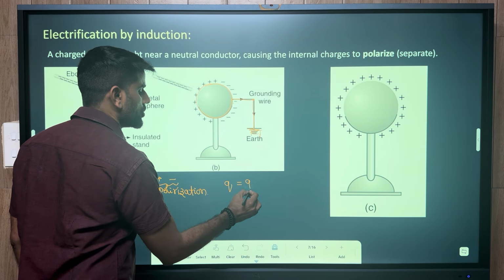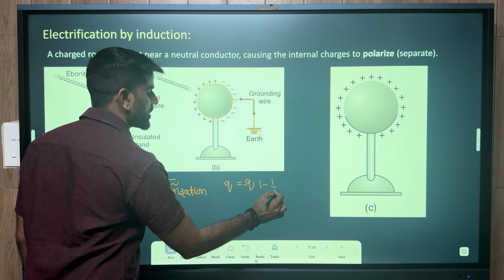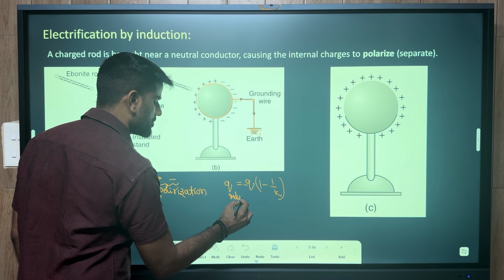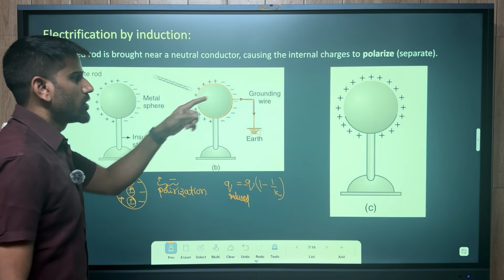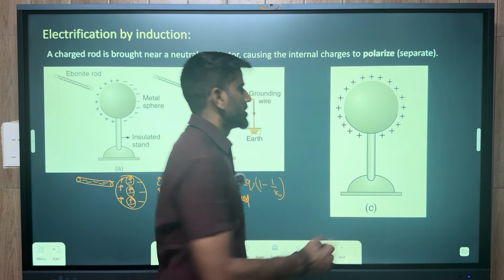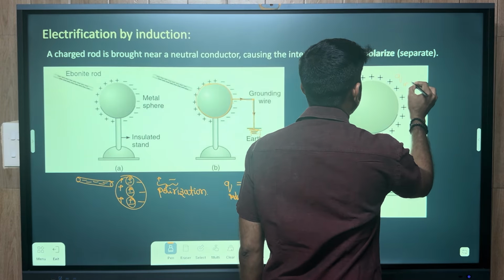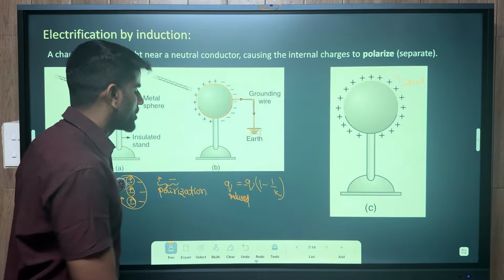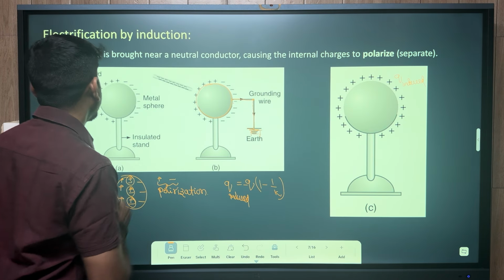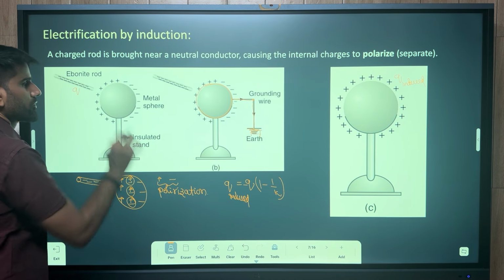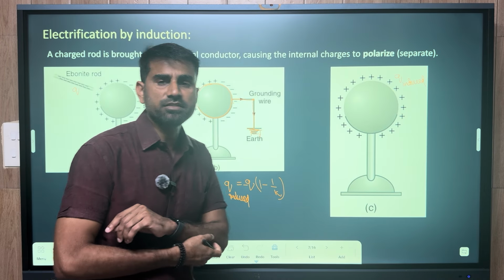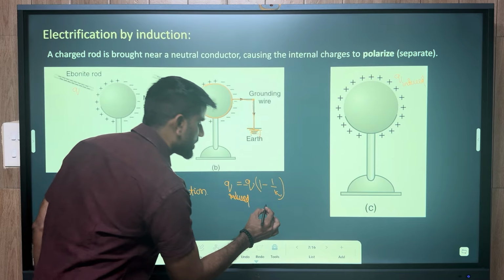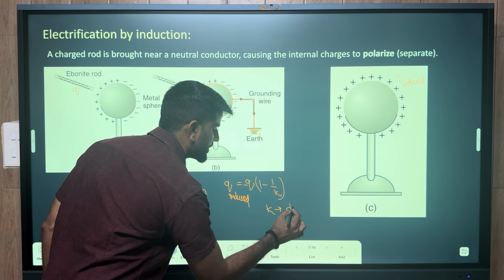Q induced is equal to minus Q supplied into (1 minus 1 by K). Q induced is whatever amount is induced in the object, and Q supplied is the charge supplied. K is the dielectric constant.